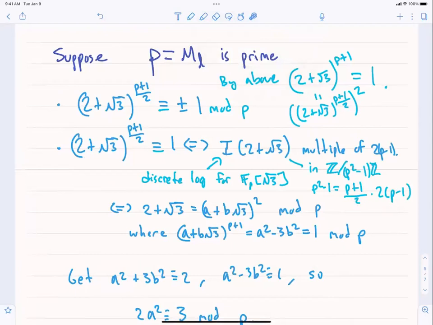So when I apply the discrete logarithm to this equation, it says that (p plus 1 over 2) times this is equal to 0. But that means (p plus 1 over 2) times this is a multiple of p squared minus 1. The only way that can happen is if the thing I'm starting with is a multiple of 2p minus 1. Okay, so this discrete logarithm is a multiple of 2p minus 1.